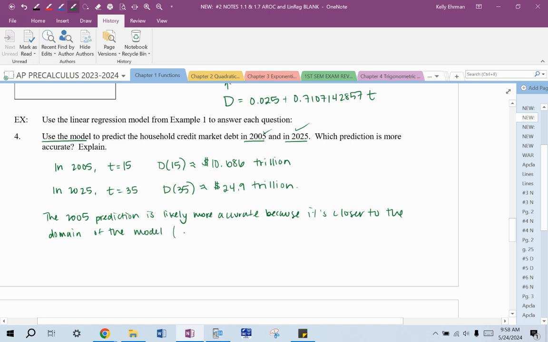The domain of the model is t between 8 and 14. I would say 2025 is much farther from this domain.